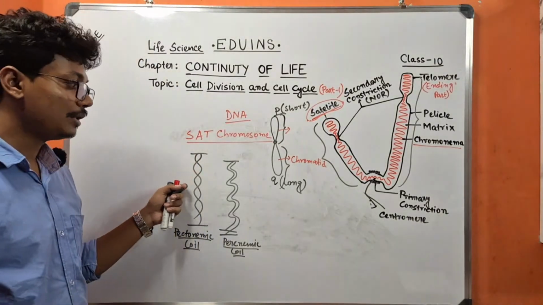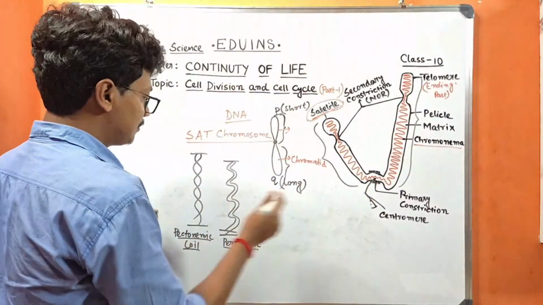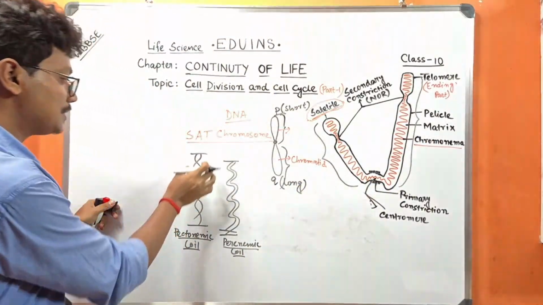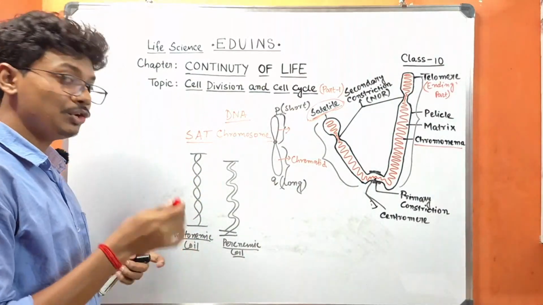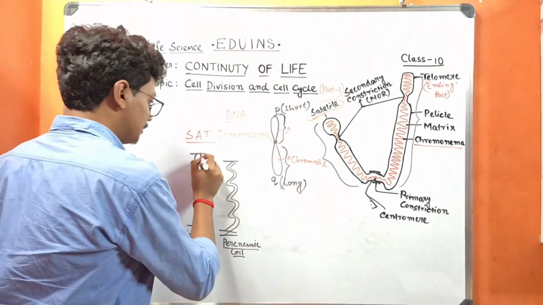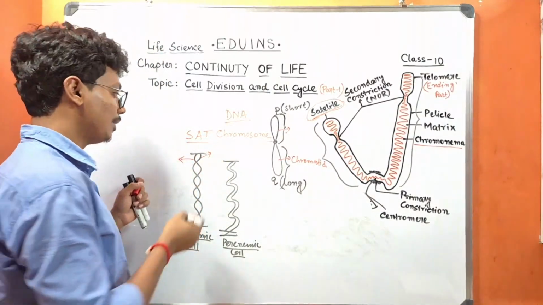These are the chromonema. Before the chromonema, the chromosomes are arranged like this. We know that we receive the chromosomes, one from our mother and one from our father.